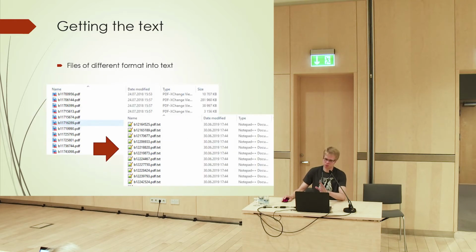But let's say that this text is enough, so we can take these PDFs and convert them into text files. For example, there is a command line tool in Linux that just takes a PDF file and converts it into a TXT file based on the text layer that is there. So it doesn't use any visual information, it just uses the text information that's in the file.